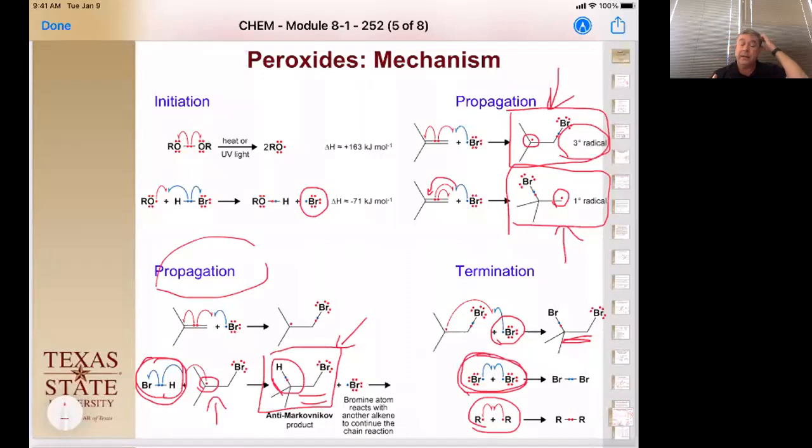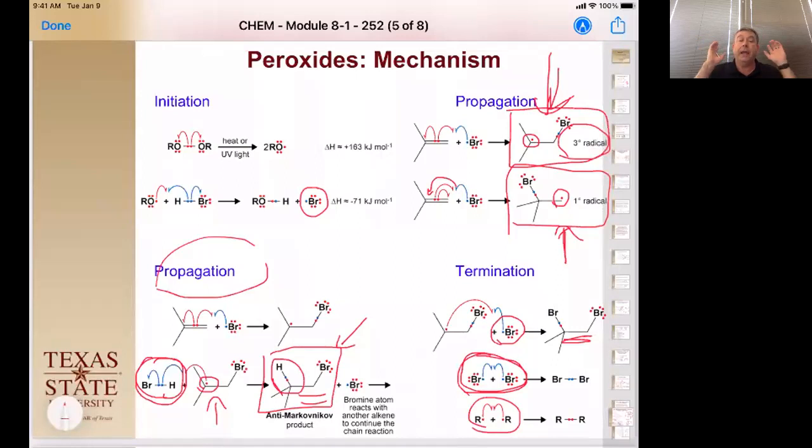The key here is that the tertiary radical is more stable than the primary radical, and the bromine is added first. So that means the bromine is going to be added to the less substituted carbon, and the hydrogen is going to be added to the more substituted carbon. Okay. So we've been able to flip the location by changing the mechanism.